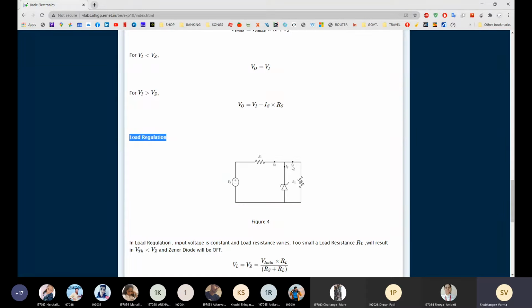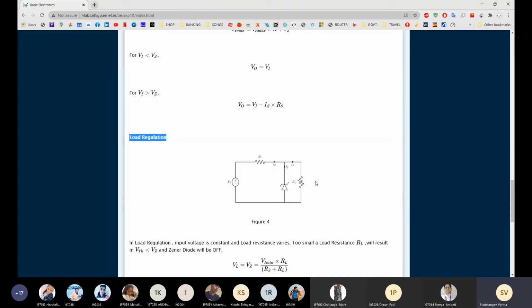So the load current IL should remain constant irrespective of change in input voltage or change in load resistance, and that is called line regulation and load regulation.